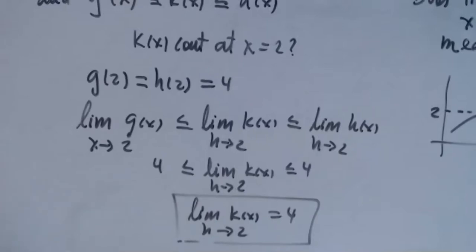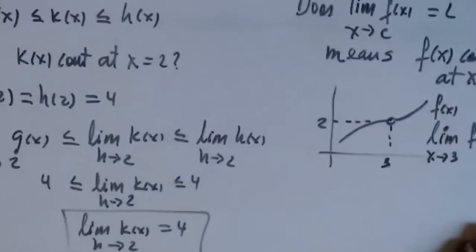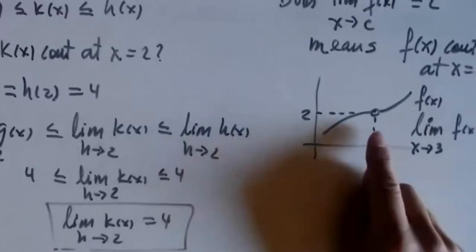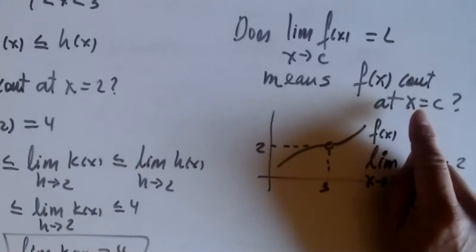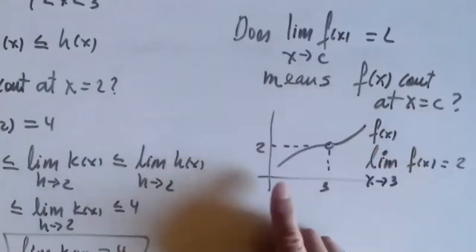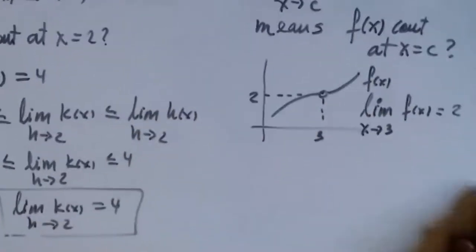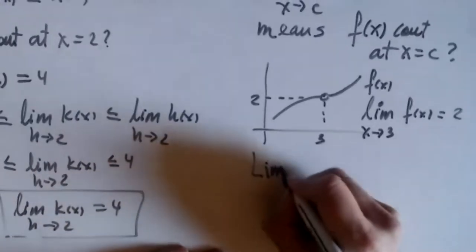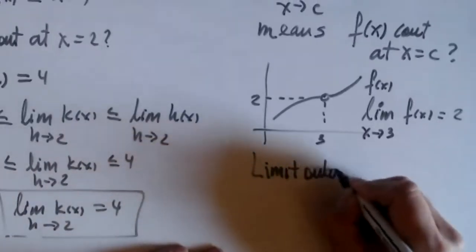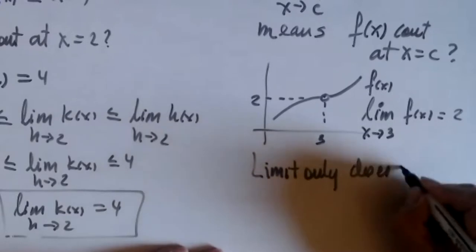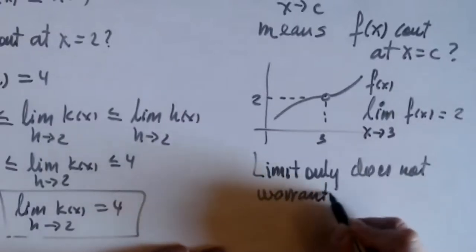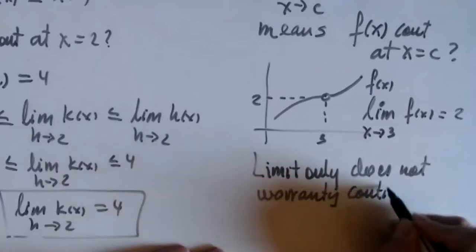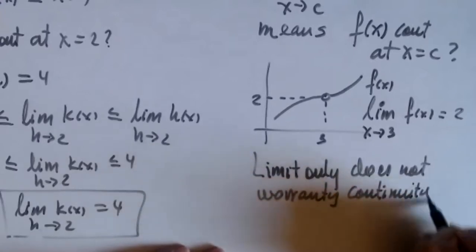So it may happen that the function is continuous, but the existence of the limit alone does not guarantee that the function is continuous. Limit only does not guarantee continuity. All right.